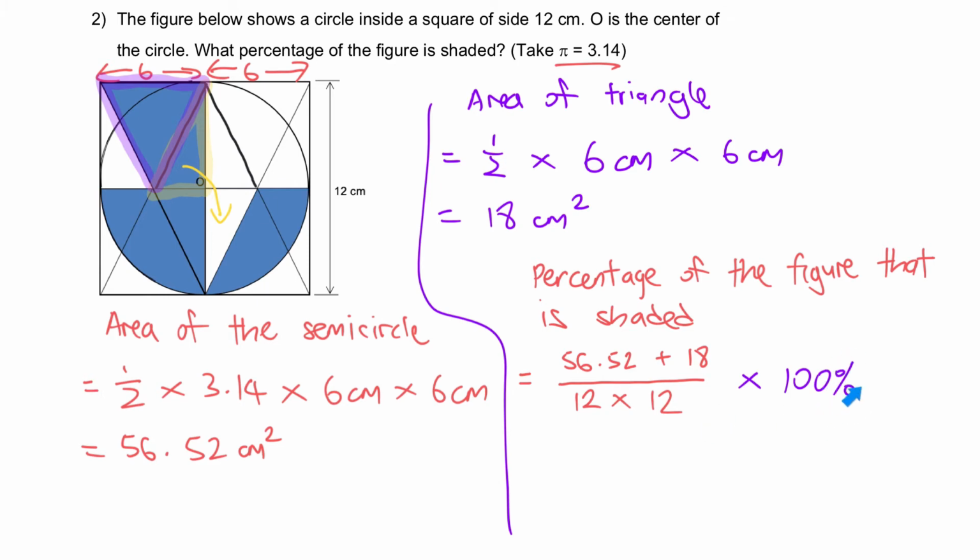You will treat this like any other units like meter, cm, kg, liters, etc. So you do not key units into the calculator. So we just type this divided by this, multiply by 100. So the answer is 51.75%.